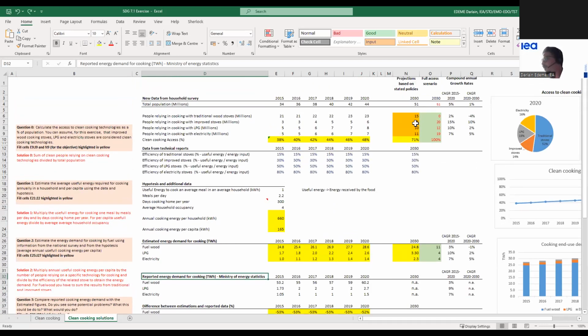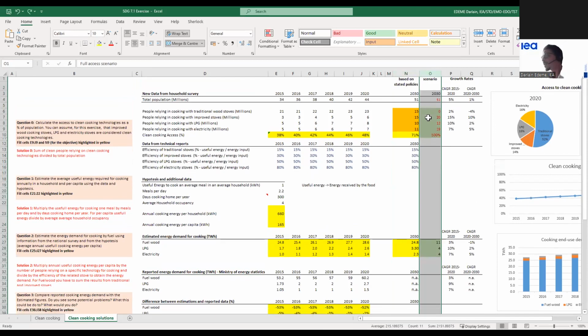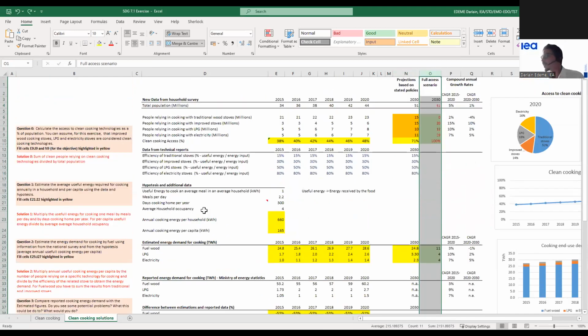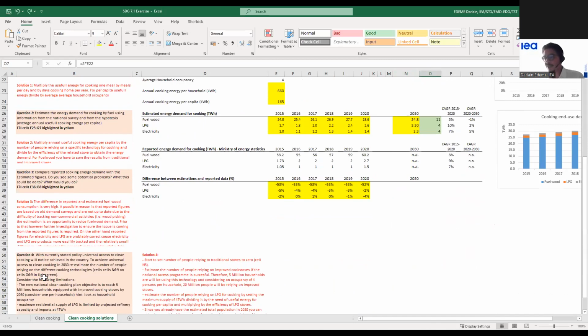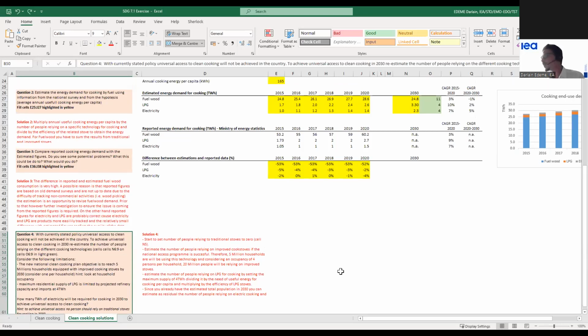And you will have to calculate, you can go in column N and 9, in which you will have the projections in the future, both in the case of the stated policy scenario and the full access scenario. So you will have these two differences. They told you from the text that the goal is to have 5 million households equipped with improved cooking stoves by 2030.